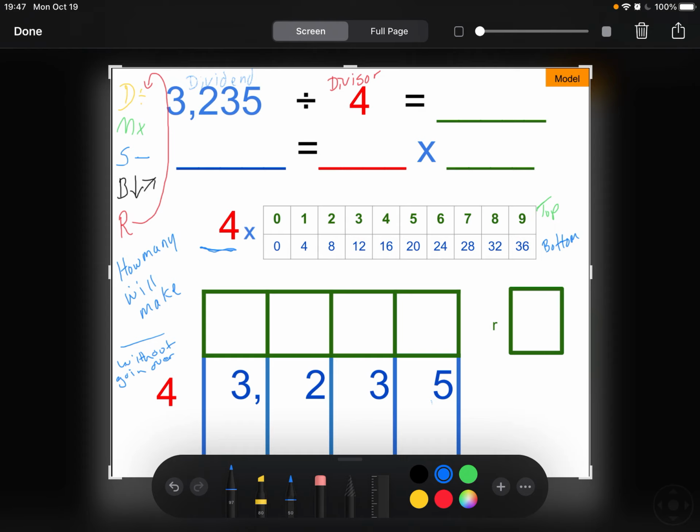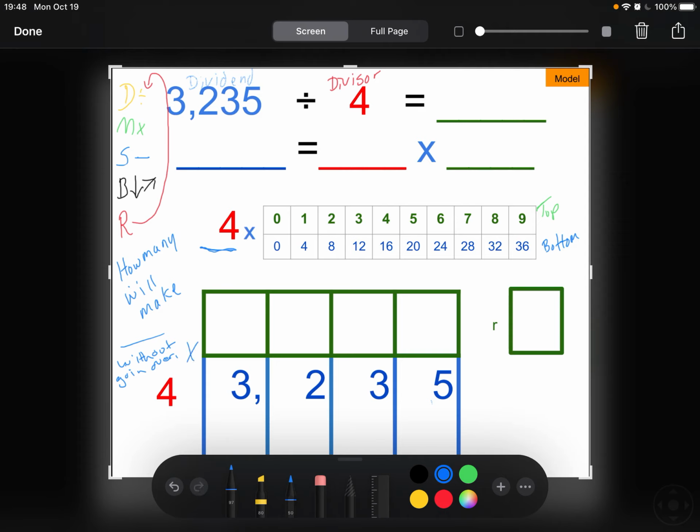Okay, so this is the question that we're trying to answer in our division. How many 4s will make a 3 without going over?